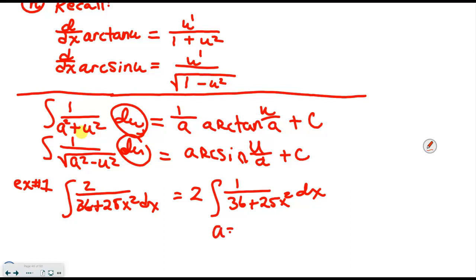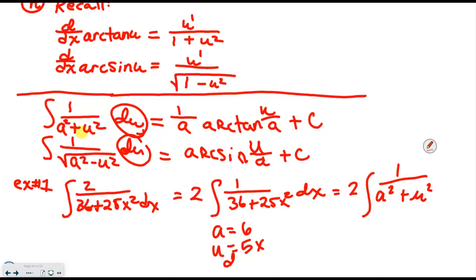Who's my A? Done. I've now created 1 over a squared. The plus is already there. The u is easy peasy. Who's my u? 5x, correct? I've now just created that. This is where you have to be careful. Be very careful. Because what is my du?